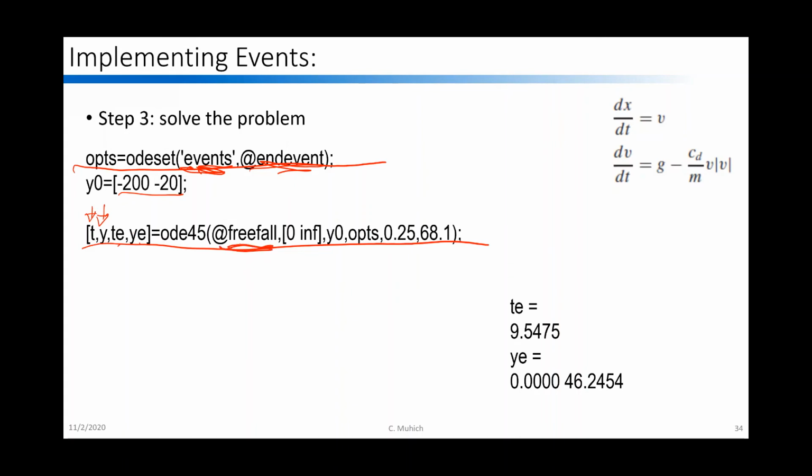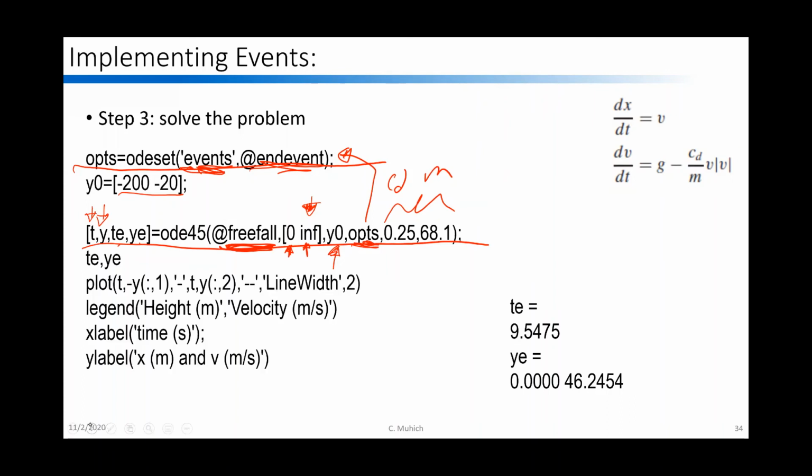We then call my free fall function, and I tell it to go for as long as you want until we hit those stops, by having y0, my starting point, and then infinity, go as long as you want, using those options that are associated with that end event, and then this information here, those optional variables, which in this case are my coefficient of drag and my mass.